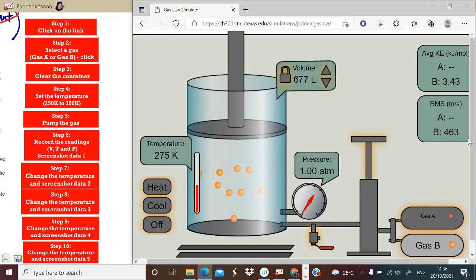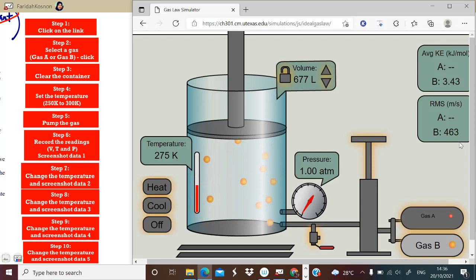Dan kalau kita tengok speed pun sama, dia bertambah sedikit. Jadi nampaklah bahawa betul lah bila suhu bertambah, the average kinetic energy of gas particle akan increase. Jadi ketika itu gas particles akan bergerak dengan lebih vibrate faster.